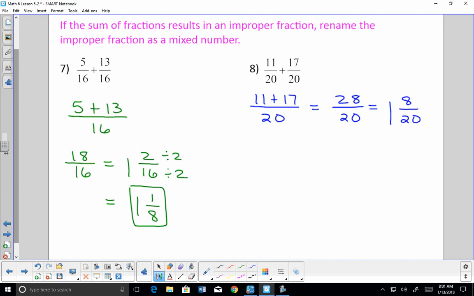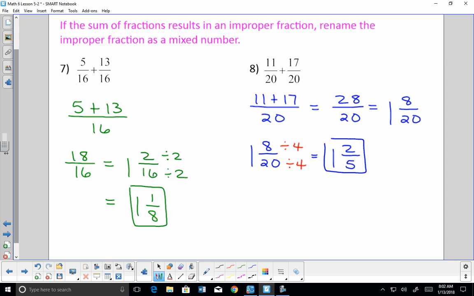The greatest common factor of 8 and 20 is 4. Divide by 4. 8 divided by 4 is 2. 20 divided by 4 is 5. So it's 1 and 2/5.